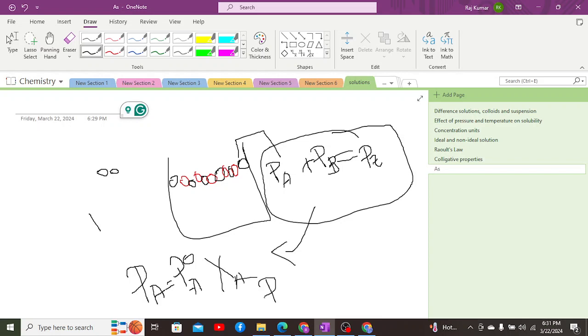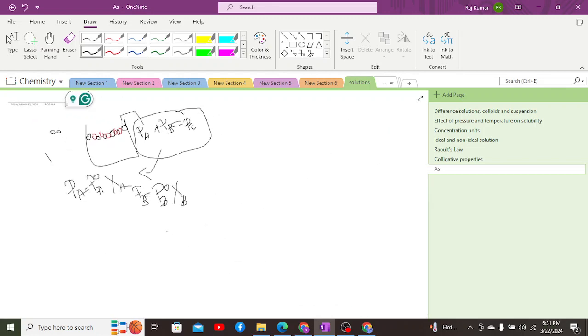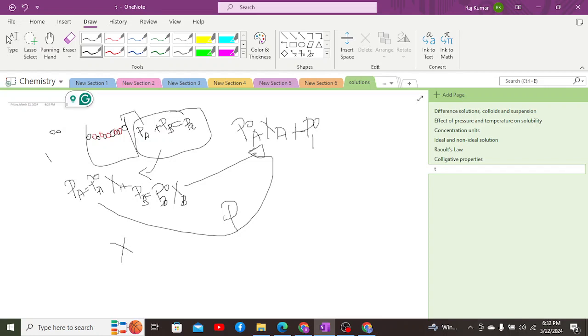Likewise, if we talk about Pb, its value according to Raoult's law is P naught B, the vapor pressure of the pure solvent, times xB. If we manipulate it further, putting in the values, we can write P naught A xA as the value of pA, and P naught B xB as the value of pB, combined together equal to the total pressure.